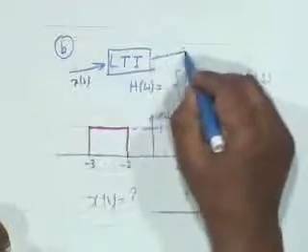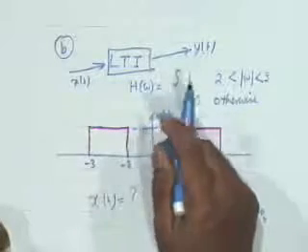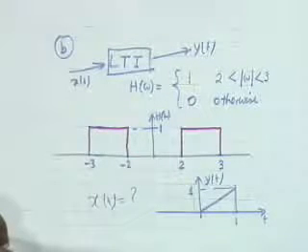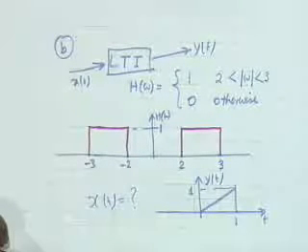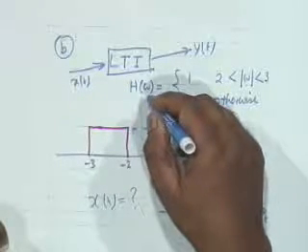You are given a linear time invariant system to which you apply an x(t) and the output is y(t). The system is characterized not by its impulse response but by its frequency response, and I told you the frequency response is as good a description of an LTI system as the impulse response. So this should be good enough.